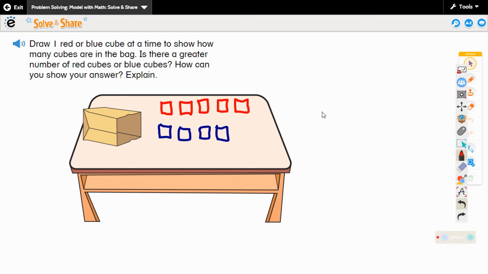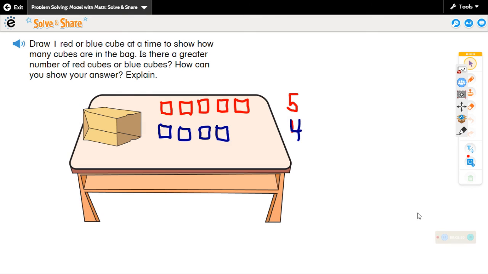We have a greater number of red squares because we have 5 red squares, but we only have 4 blue squares. Well, look at that. It started to change color halfway through. That was kind of silly, wasn't it? Okay, so we have 5 red squares and we have 4 blue squares. So we have a greater number of red squares.